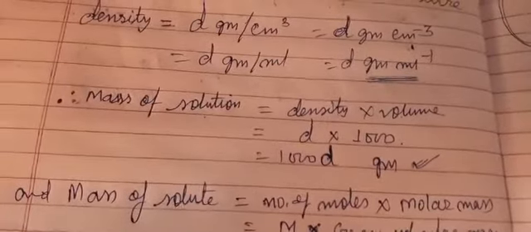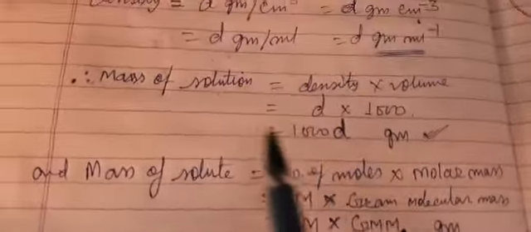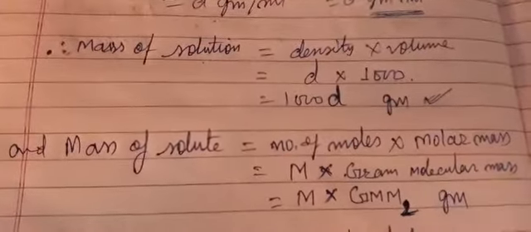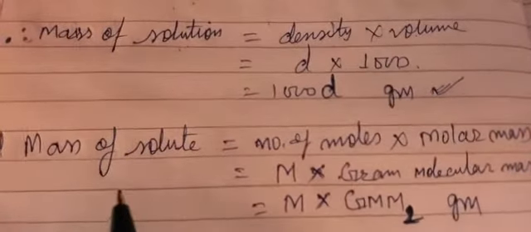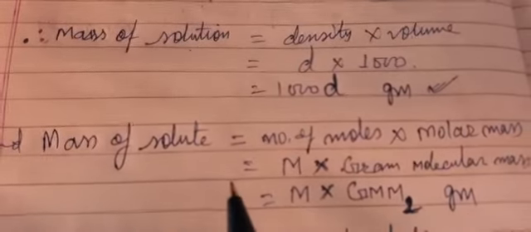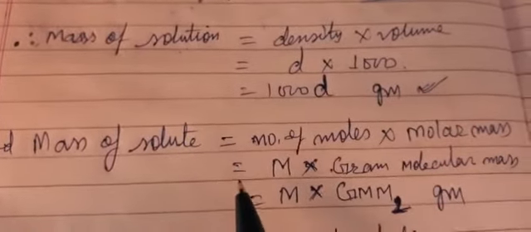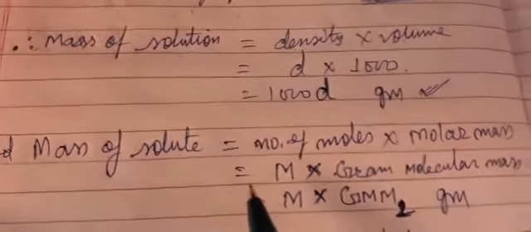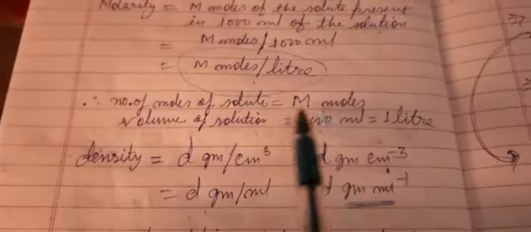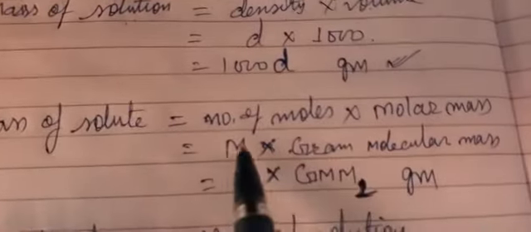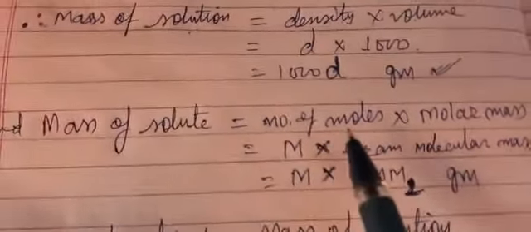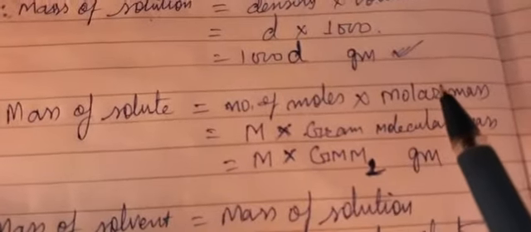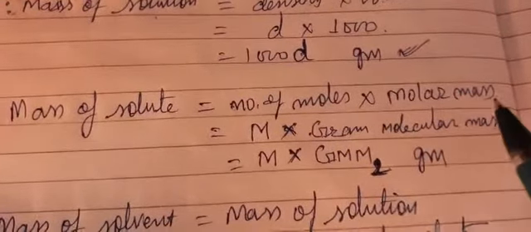In case of molality, we need the mass of the solvent in kg. For that purpose, we should know the mass of the solution as well as the mass of the solute. Now how to calculate the mass of the solute? If the number of moles of the solute is known, then it is multiplied by the molar mass. Here we have got the number of moles of the solute, M moles. So the mass of the solute is the number of moles into molar mass.